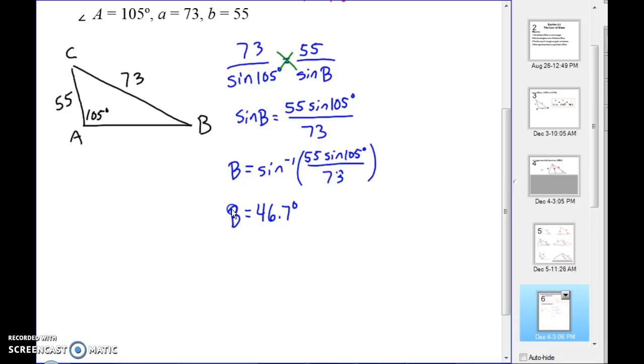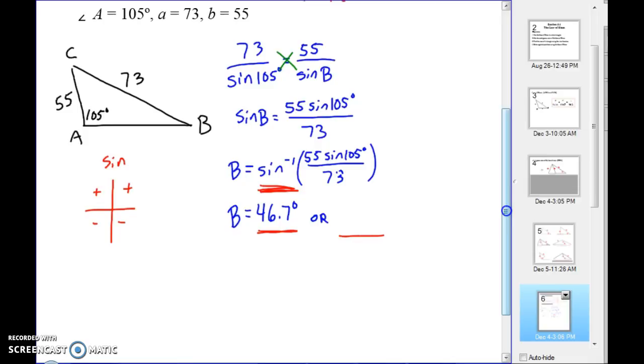So how do I know whether there is only one triangle possible or two triangles? Well, it all has to do with this step that I just did right here. When you do the inverse sine of something, there's something you have to remember about the sine function: sine is positive in two different quadrants. Which means in this step there is another possible answer.